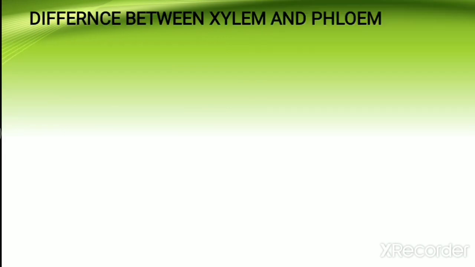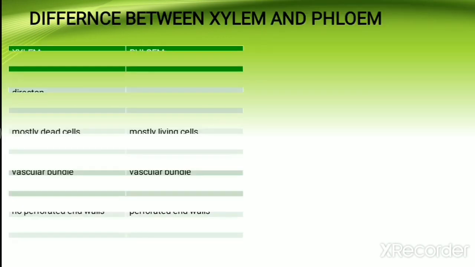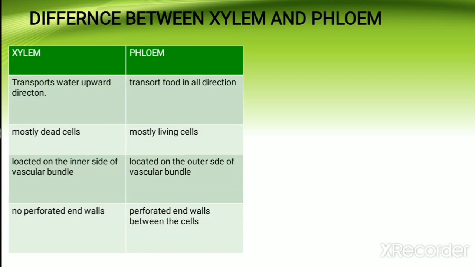Now let us discuss the difference between the xylem and the phloem. Xylem will transport water in the upward direction, and phloem will transport food in all directions, upward and downward. In xylem, almost all the cells will be dead at maturity, except the parenchymatous cells.